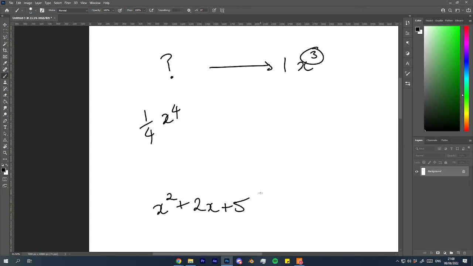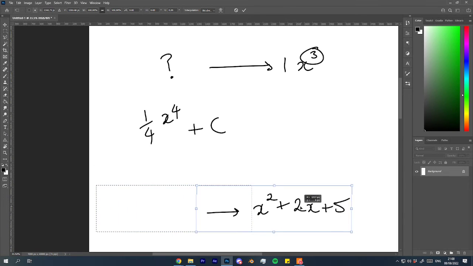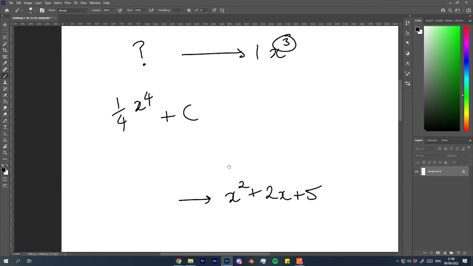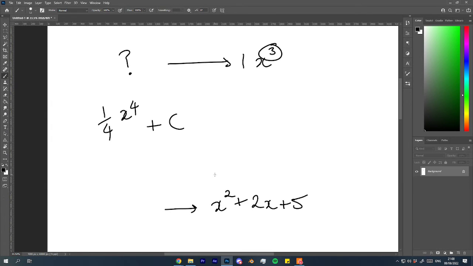Plus 5. Okay. I want you to integrate this function. That's basically what you did here.